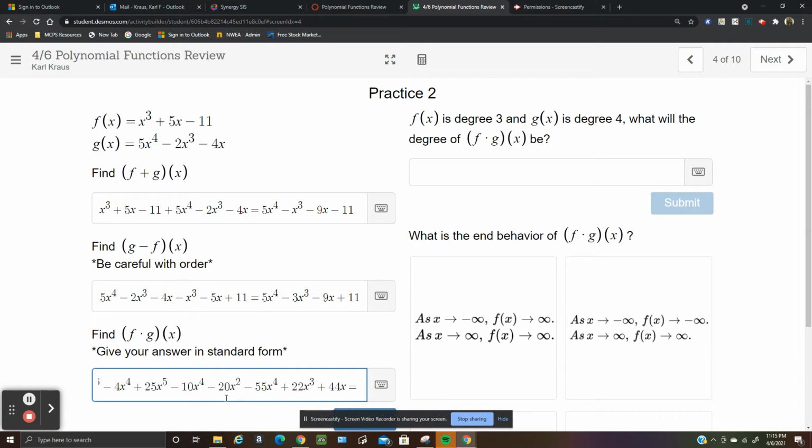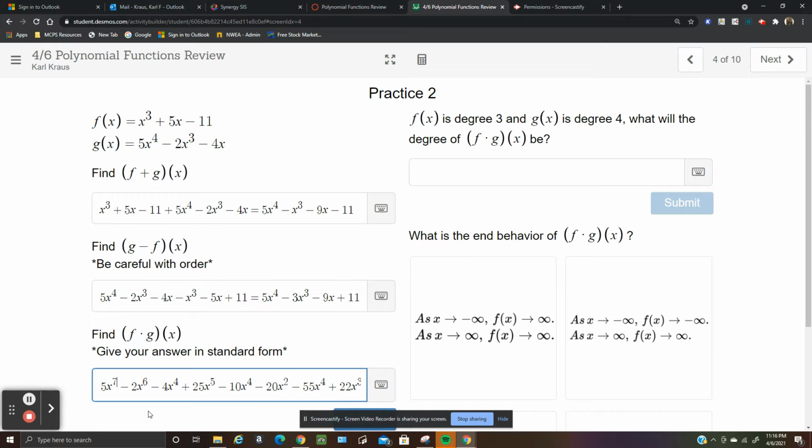And then I want to scroll through here and add the like terms. So there's only one term with x to the seventh in it. It's 5x to the seventh. And I think there's only one term with x to the sixth in it.